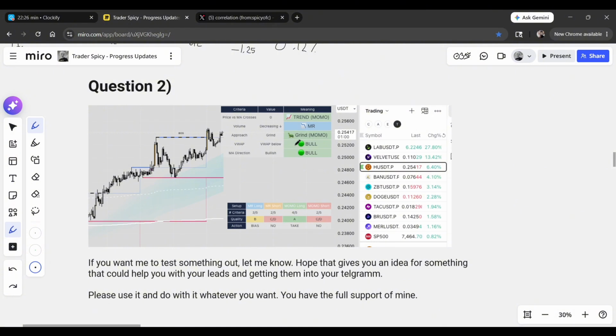I didn't ask for this to be made, but he went and built it, and he sent me the code and was like, hey, look what I've built. I think that's so awesome.